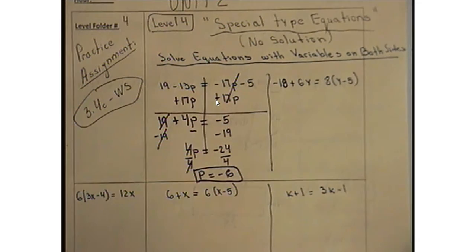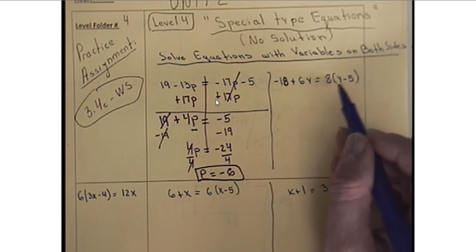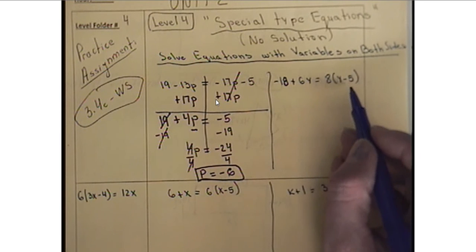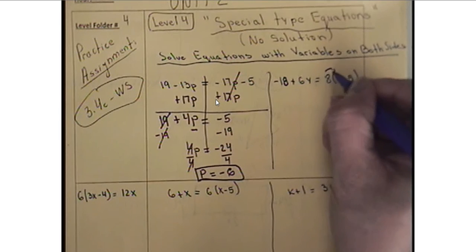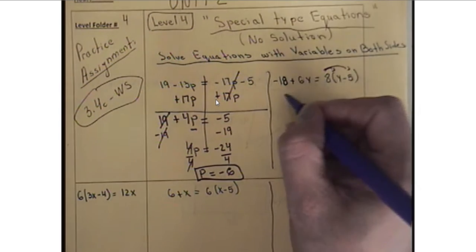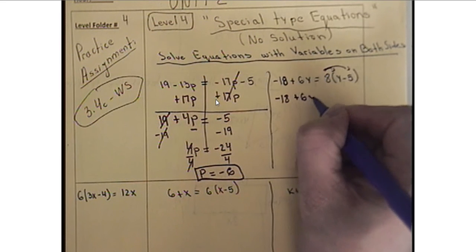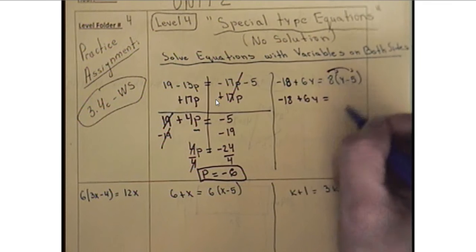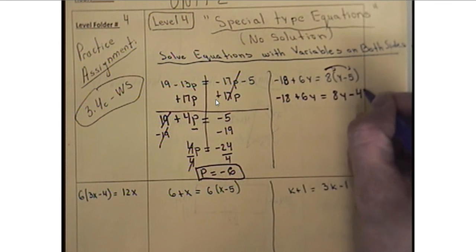In the next example, we have negative 18 plus 6y equals 8 times, inside the parentheses, y minus 5. So first thing, we have to work on the distributive property. So I'm going to copy the rest of it. Negative 18 plus 6y is equal to 8 times y is 8y, 8 times negative 5 is negative 40.